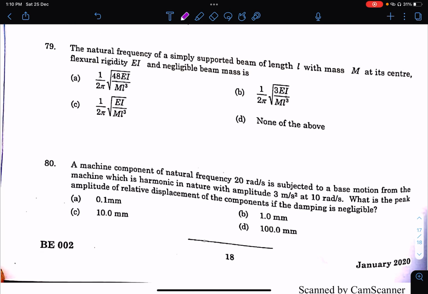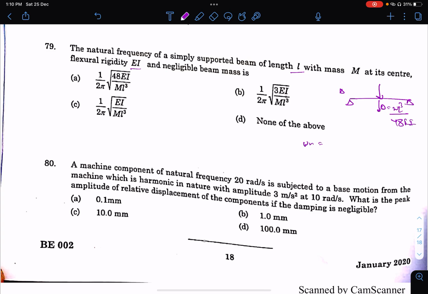Question number 79. The natural frequency of a simply supported beam of length L with the mass m at its center and flexural rigidity EI and negligible beam mass is? So we will use Rayleigh's formula, delta, because it is a simply supported beam. So the deflection at this point delta will be WL cube upon 48 EI.